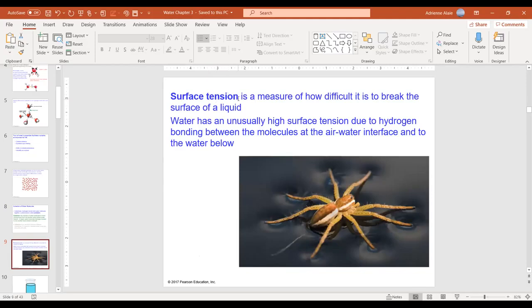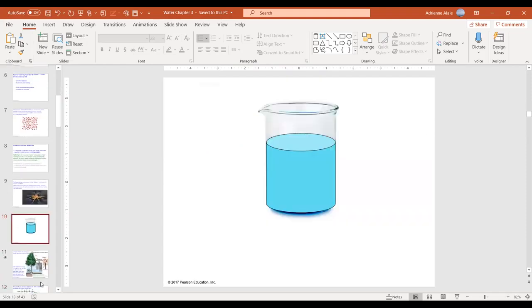And surface tension is a measure of how difficult it is to break the surface of a liquid. So water has an unusually high surface tension due to all the hydrogen bonding going on between the water molecules at the air-water interface, and between the water molecules with each other and the ones below.